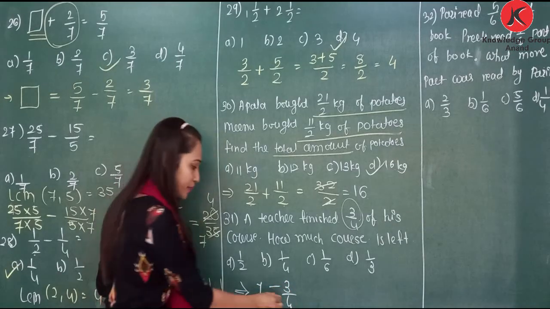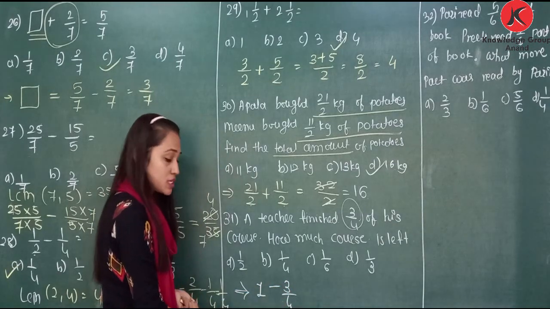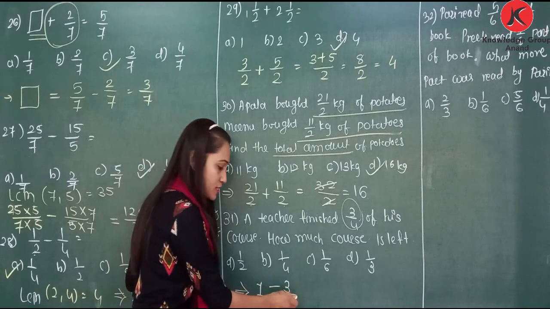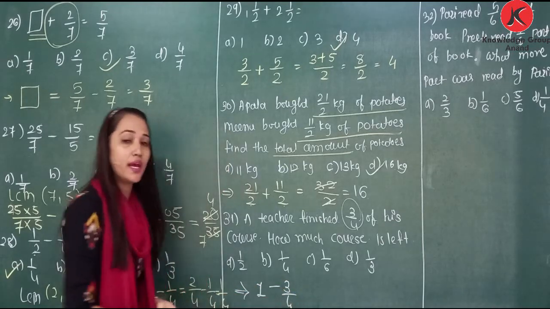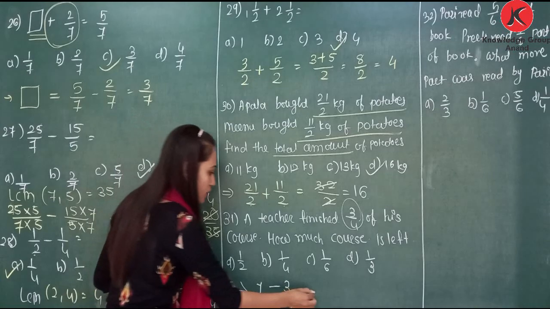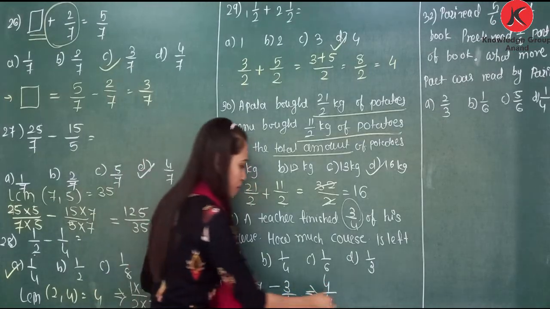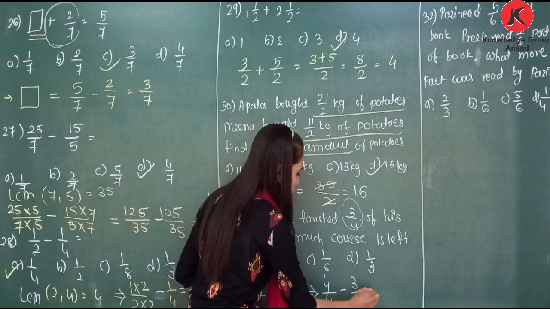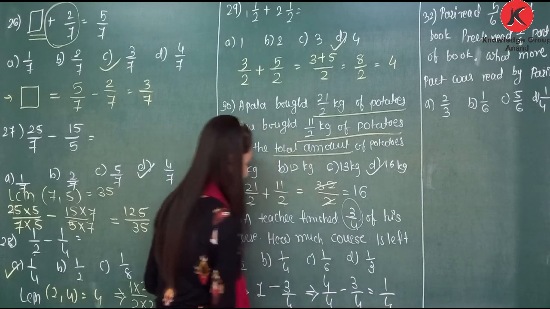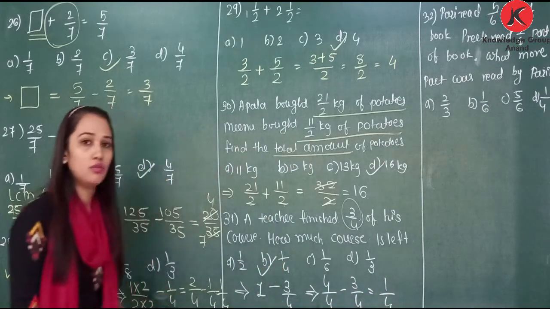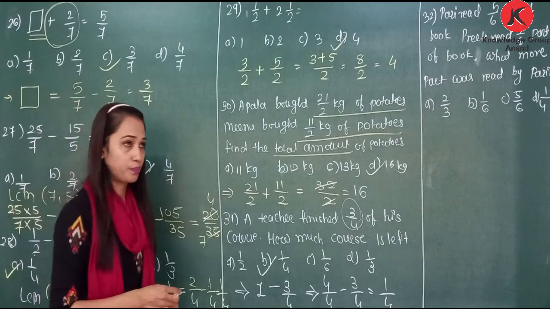That is the completed work. Remaining work means from the total work, if we subtract the completed work, then we get the remaining work. Now take the LCM. So we get 4 by 4 here minus 3 by 4. So 1 by 4, that is the remaining work. So it is 1 by 4.